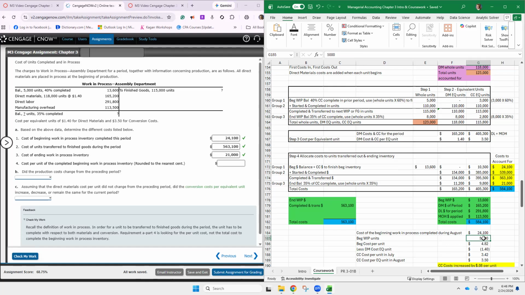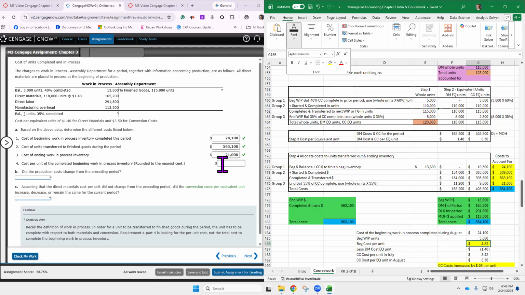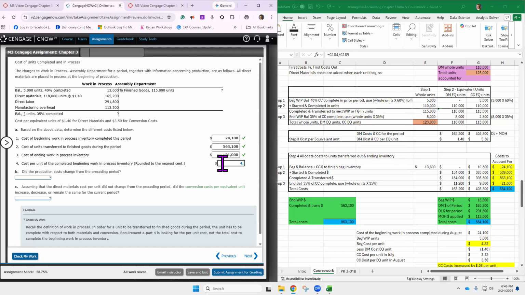The beginning WIP is 5,000 whole units. When you divide the 24,100 for all the costs in the beginning by 5,000, you get $4.82. So let me highlight that. I believe that should be right. If it's not, we'll try to fix it.